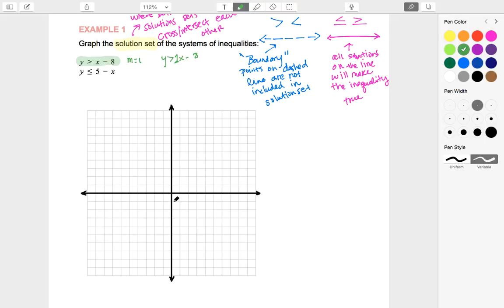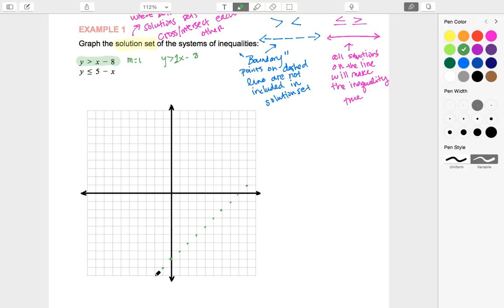So we're going to find negative 8. 1, 2, 3, 4, 5, 6, 7, 8. So here's negative 8. And then my slope is positive, so I'm going to rise 1, run 1. So right here. And I'm just going to make the little dashes here. Now, in my last video, I said that you all can draw it as a gray line if that helps you.